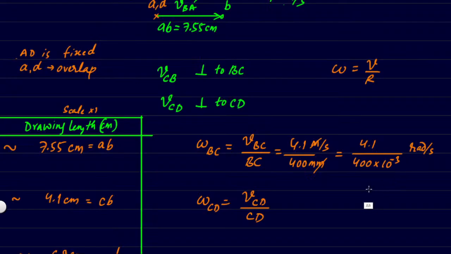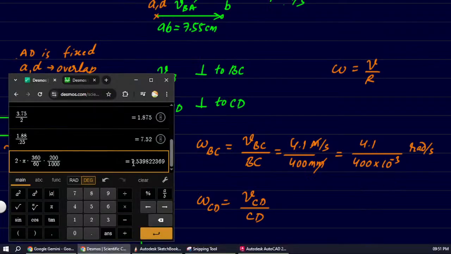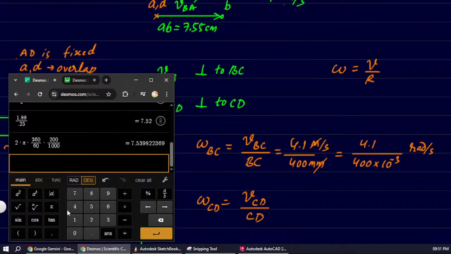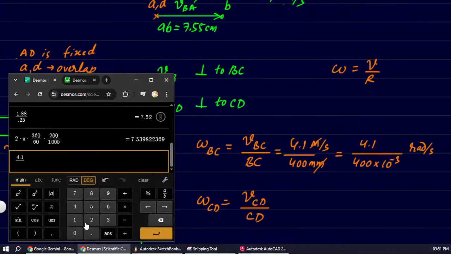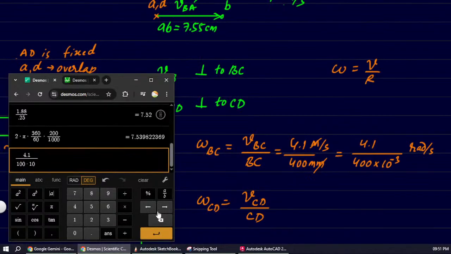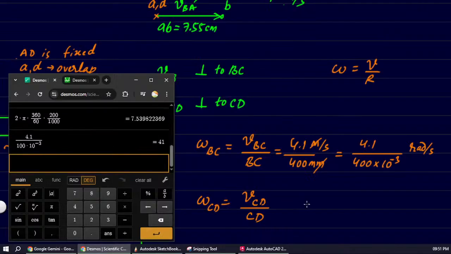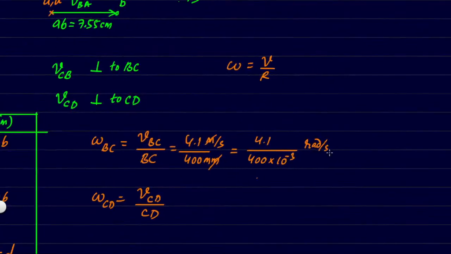Let us go back to our calculator quickly and find this. So 4.1 divided by 400 into 10 power minus 3. So we are getting this as 41 radians per second.